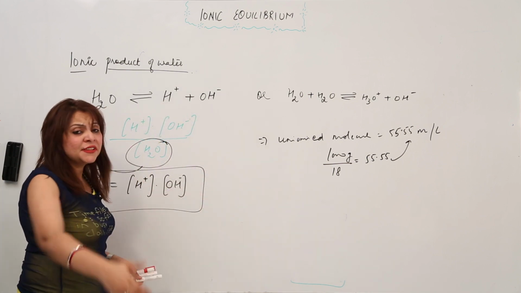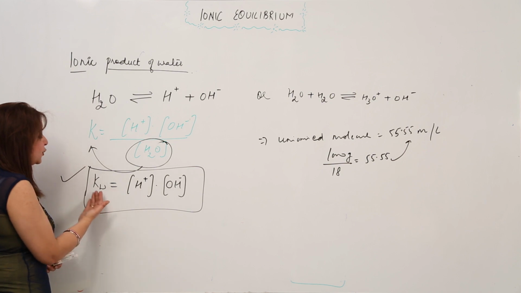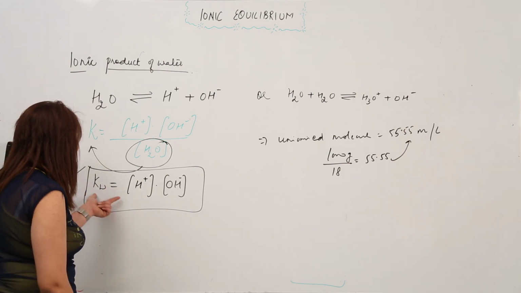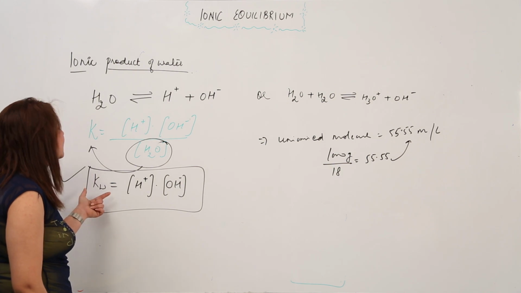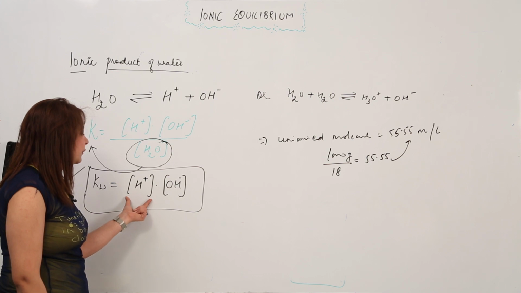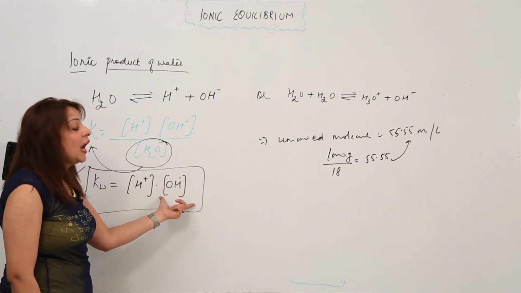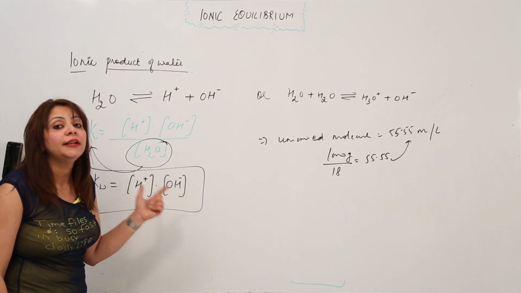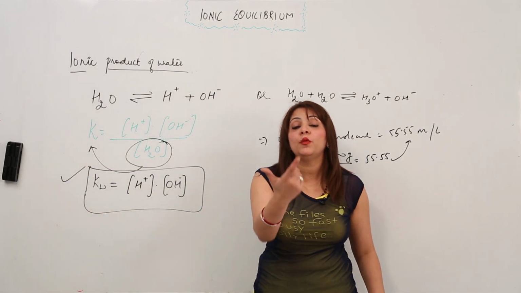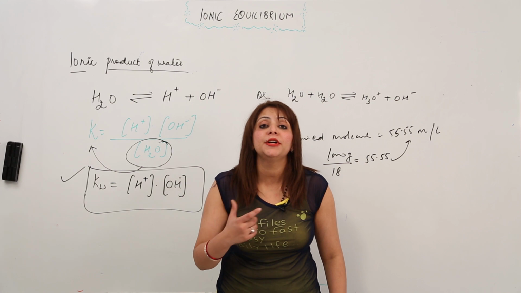Now if somebody asks you how to define the ionization constant of water, you are going to say that this ionization constant of water is equal to the product of the concentration of the hydrogen ion and the hydroxide ion at a particular temperature. As I mentioned, the important phrase in the definition is at a particular temperature.